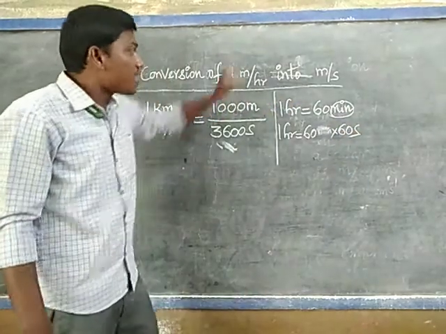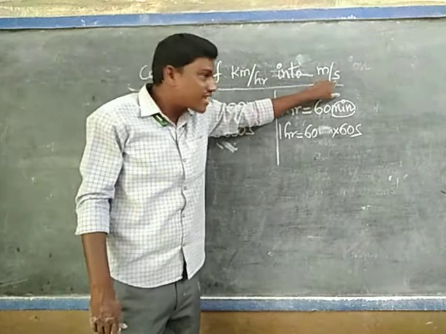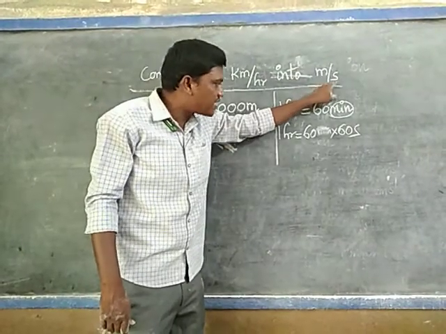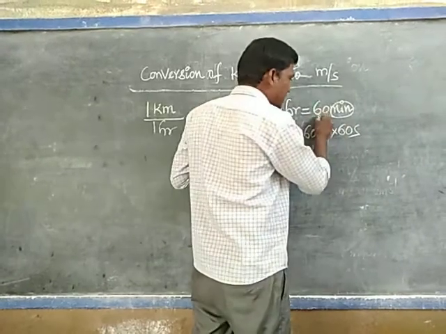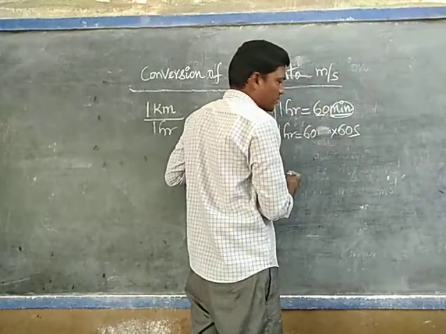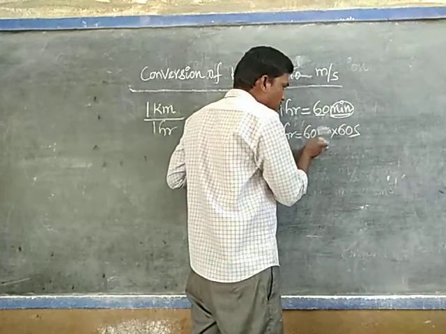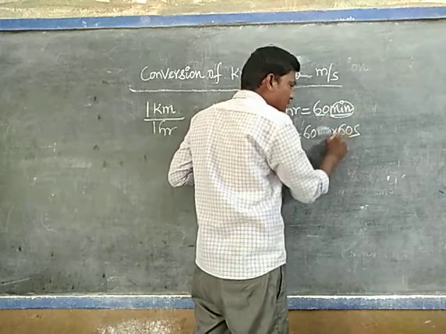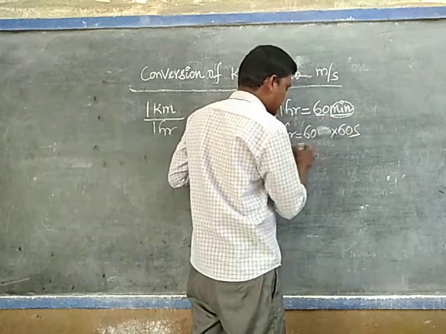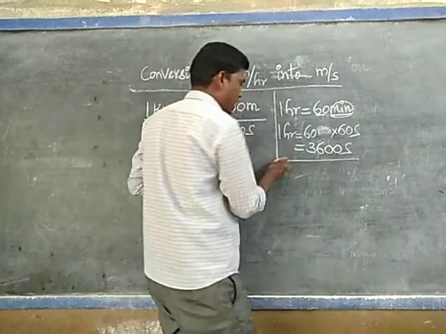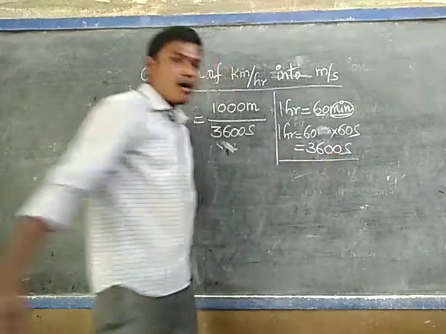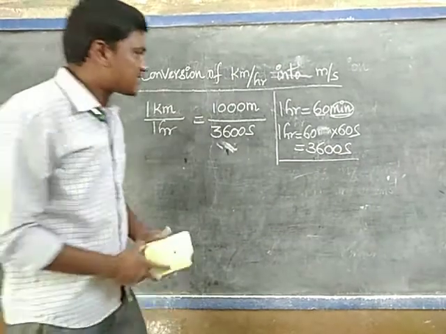Because our unit is meter per second, time value we should consider in seconds, not in minutes. That's why 1 hour is equal to 60 minutes, 60 into 1 minute. Now 1 hour is equal to 60 into 60 seconds, 3600 seconds. That's why 1 hour is equal to 3600 seconds.